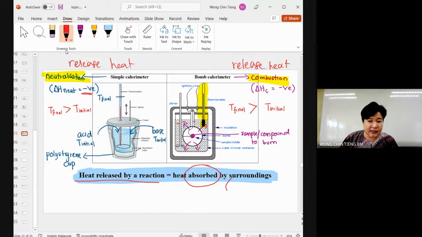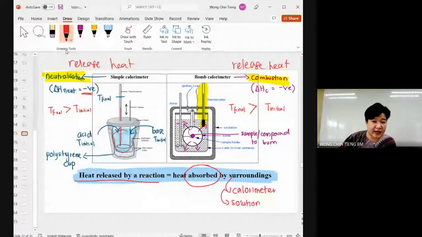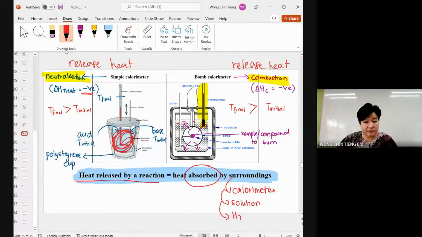And the surrounding, there are a few types of surrounding. The surrounding can be the calorimeter itself. The surrounding can be the solution. The surrounding can be the water. I might put water in my calorimeter and then the water absorbs the heat.